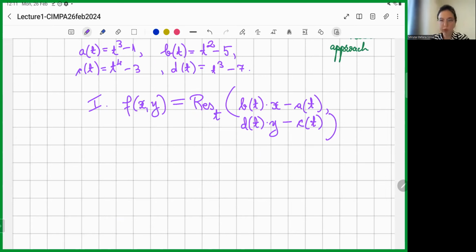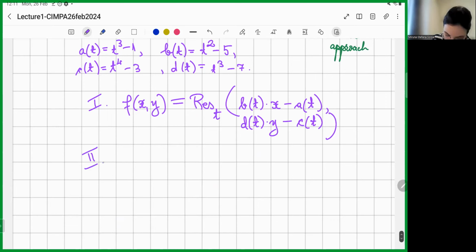And this will give us, we will see now with Macaulay 2 how it works, essentially the irreducible polynomial that vanishes on our curve. And the second method will be using elimination ideals, directly, we'll see in Macaulay 2.